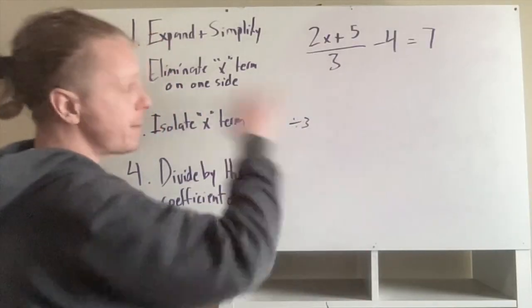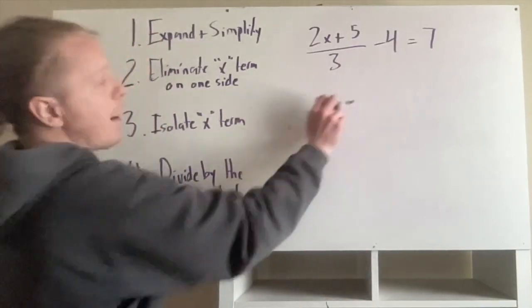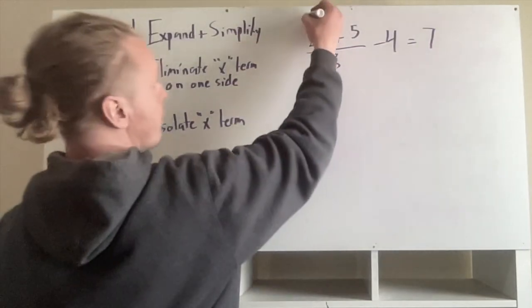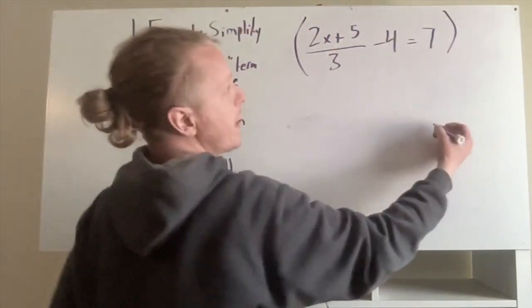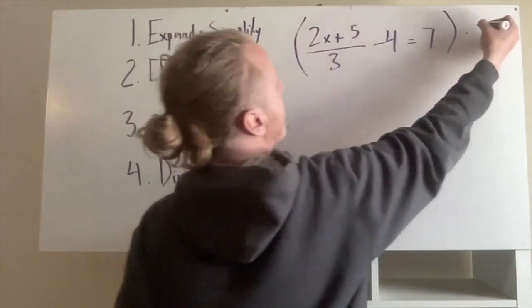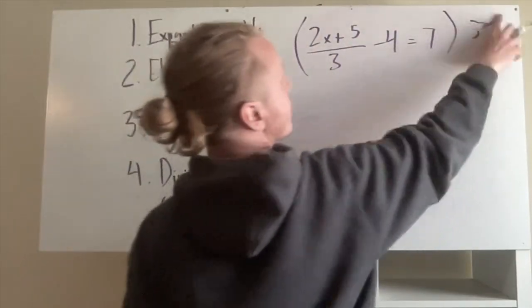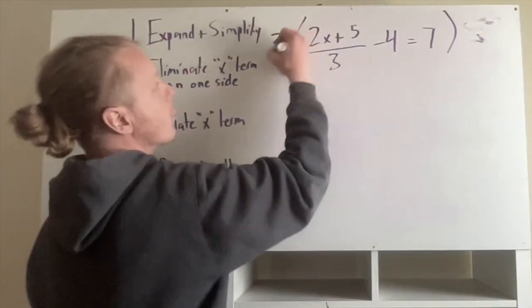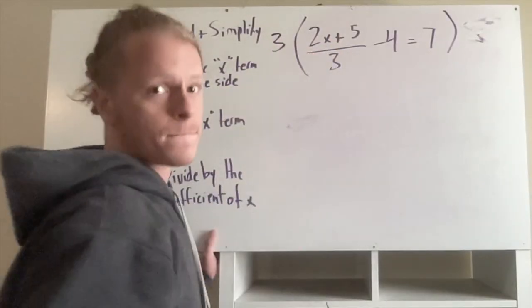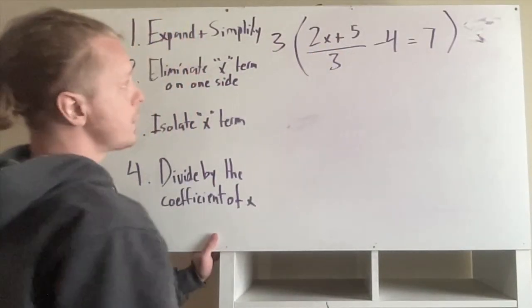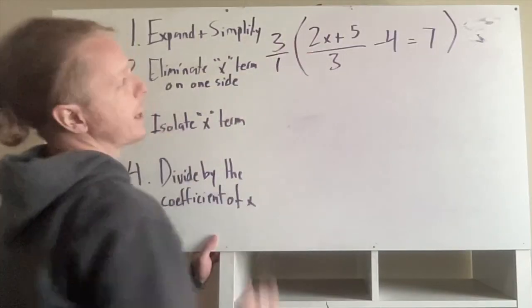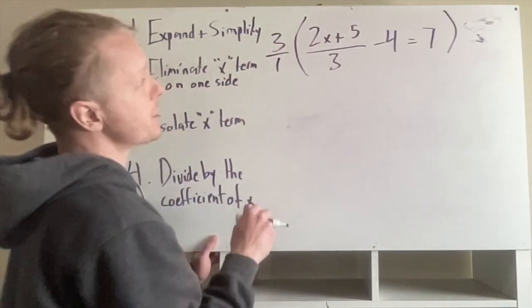So to get rid of it, what we're going to do is the opposite of dividing by 3, which is we're going to multiply the entire equation times 3. Right? We could think about it over there, or we could think about it over here. So you can think about it like 3 over 1 for the sake of this fraction.